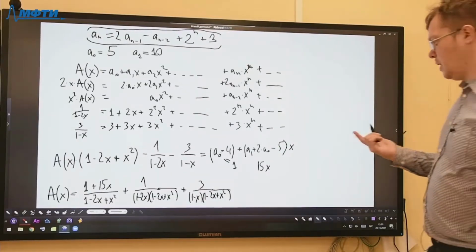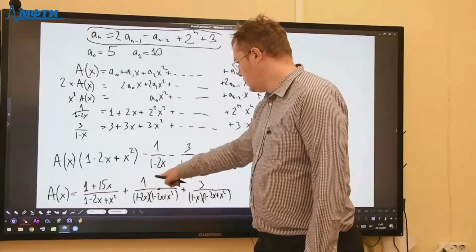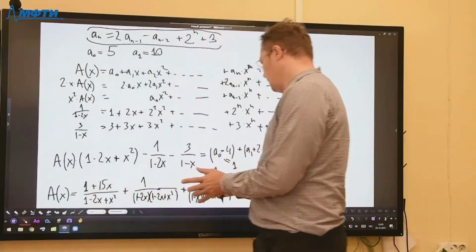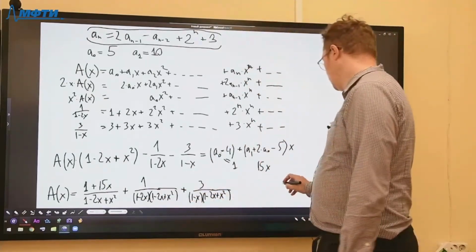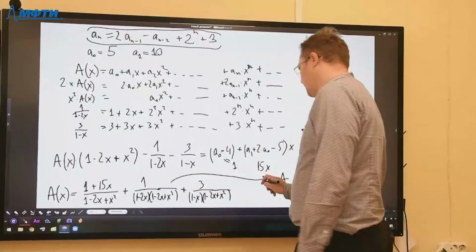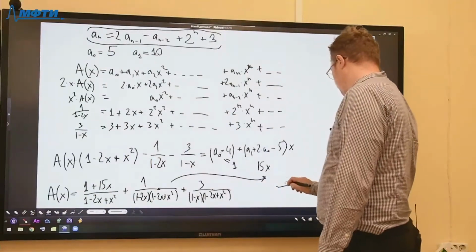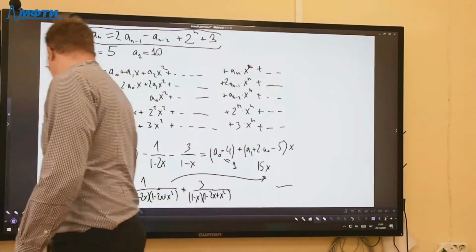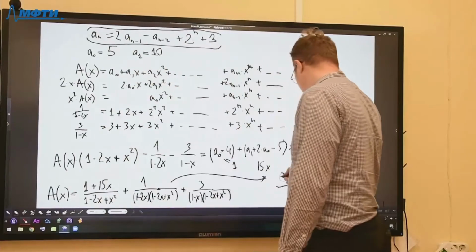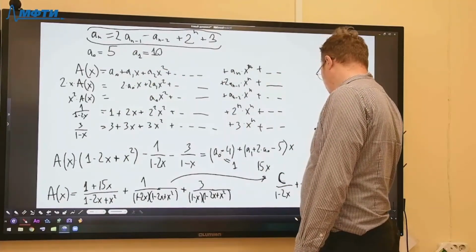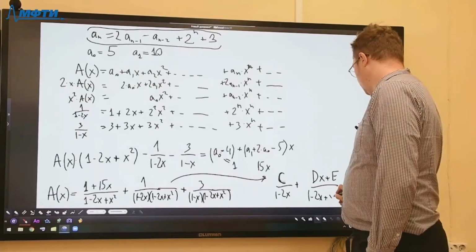But if you understand, of course again we can look at this quotient as the sum of simple fractions, and so we can write this as a over, for example, this guy is not a, but maybe t over one minus 2x plus dx plus e over 1 minus 2x plus x squared.